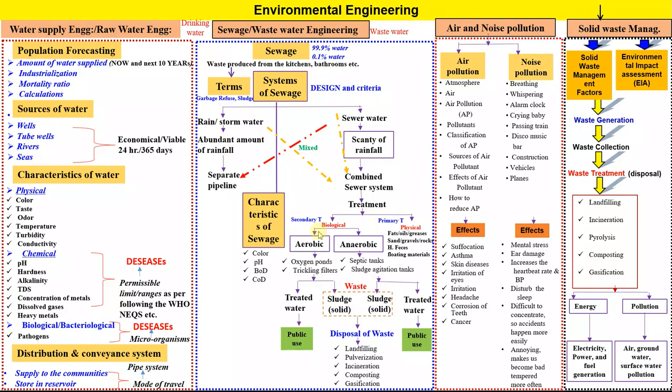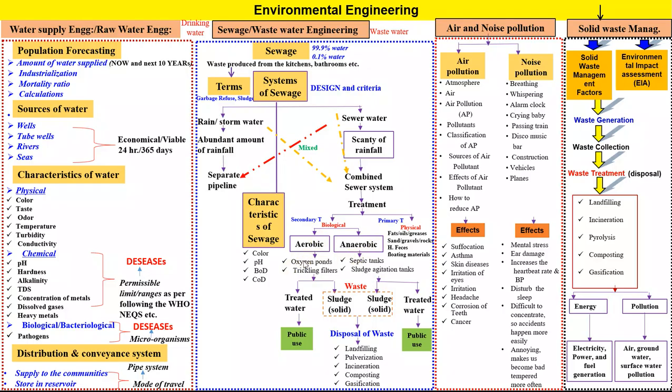Then, same as with drinking water, we have to check the characteristics of sewage, like color, pH, BOD, and COD. In the biological properties of wastewater, we have aerobic and anaerobic.